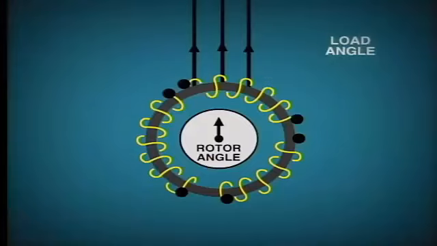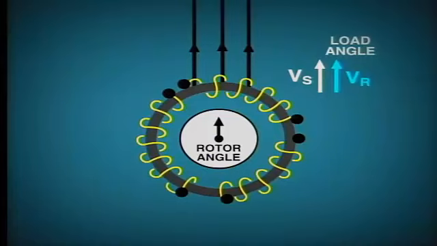Well, the answer is in the load angle, or power angle. This is the relative angle between the induced voltage due to the rotor and the terminal voltage, which is dependent upon the power system. This diagrammatic representation shows the situation at zero load. The rotor and the stator voltage are exactly in phase.